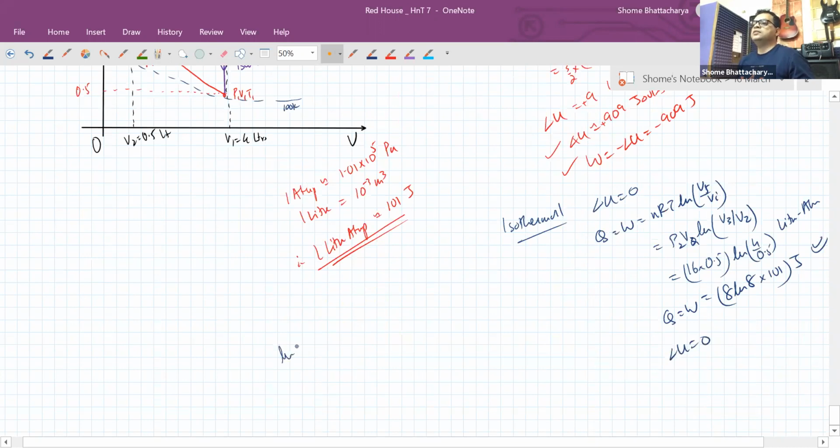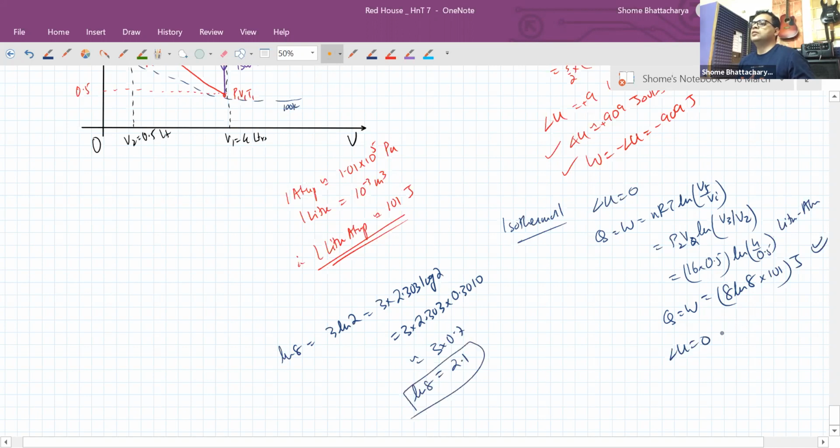And ln 8 we can always write as 3 times ln 2. So 3 into 2.303 log 2. So approximately that will become 3 into 0.7, 2.1. So ln 8 has an approximate value of 2.1.